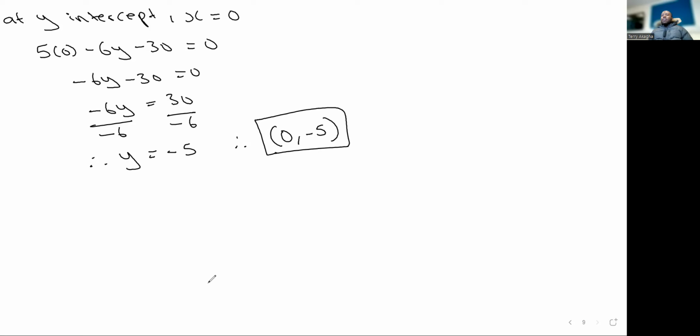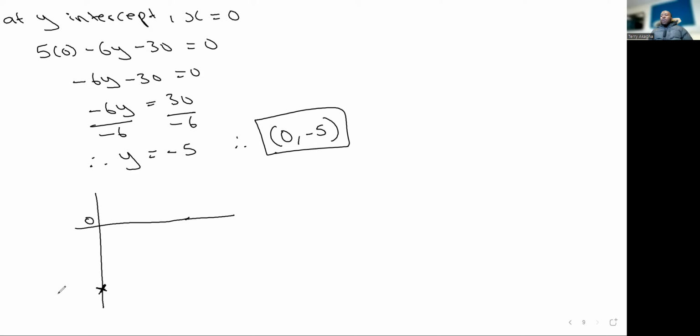Then, with the knowledge of this now, we can sketch the graph. So we have O, the y-intercept is occurring at 0 and minus 5. So let's assume this point here is minus 5.